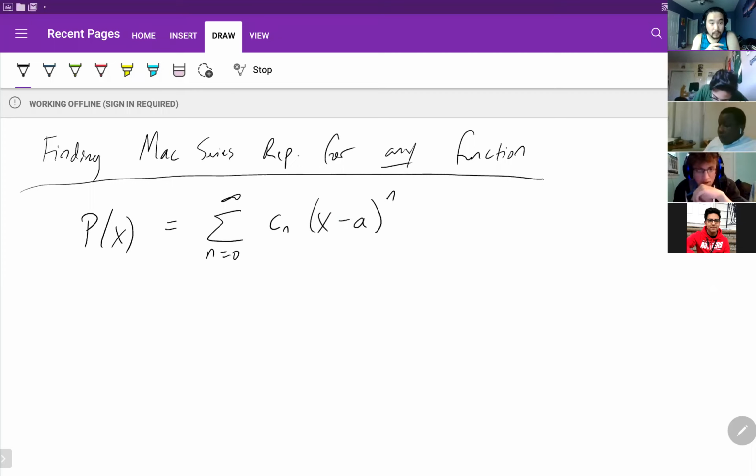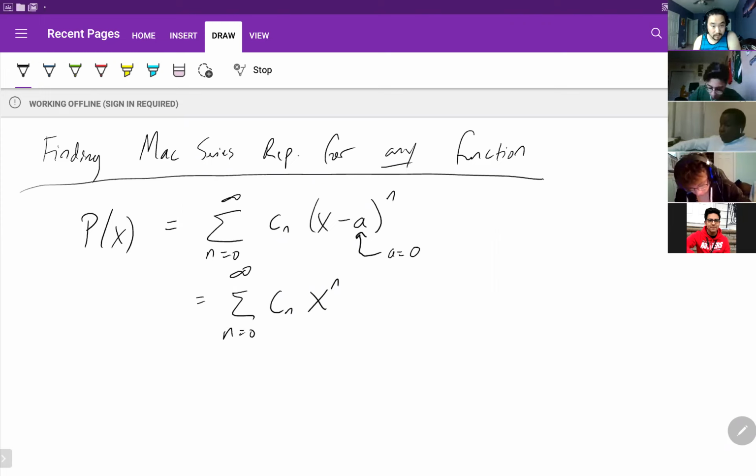If our center is 0, meaning the picture is centered at 0, I can replace this a value with 0. That leaves me with whatever the sequence is, c sub n, times x to the n. So far, so good? All I did was set the center to 0 because it's Maclaurin.